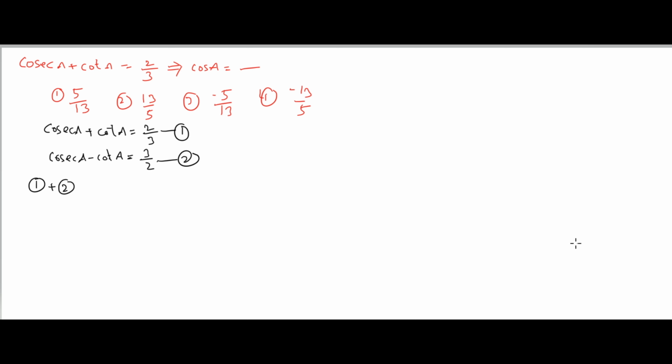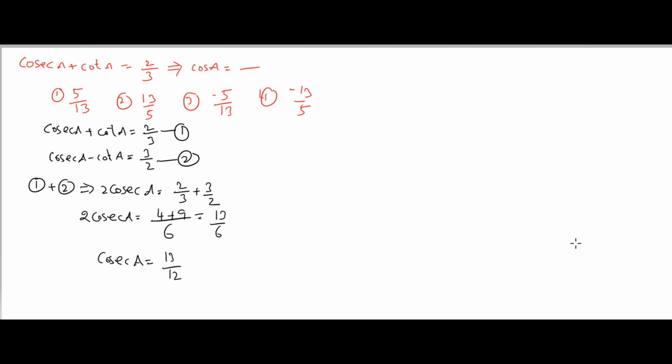That is cosec A plus cosec A, 2 cosec A is equal to 2 by 3 plus 3 by 2. That is 2 cosec A is equal to, take LCM, that is 6. 2 into 2 is 4 plus 3 into 3 is 9, that is 13 by 6. So cosec A is equal to 13 by 12.